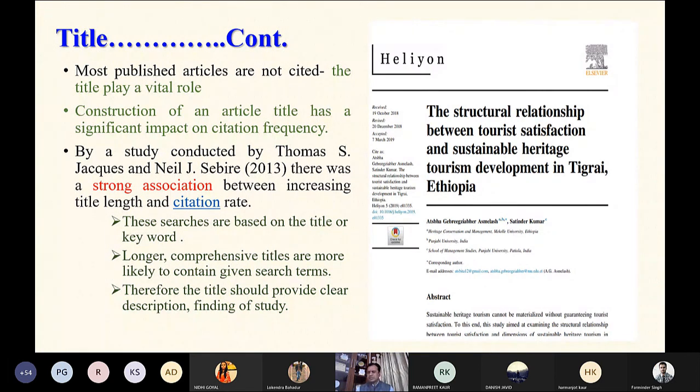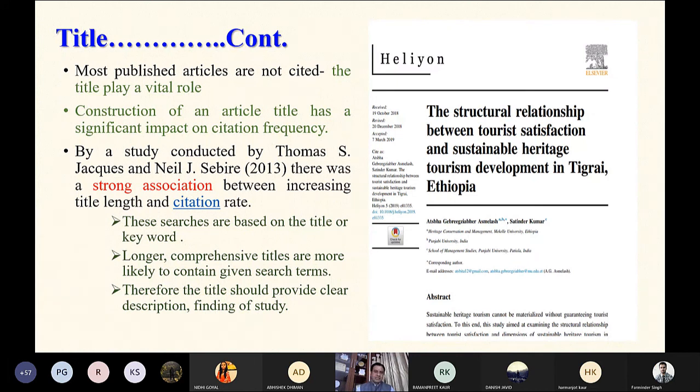Different experts have their own opinion on what length we should decide for the title: either a short length or a long length. Different persons have their own point of view, and we will not go into that discussion.